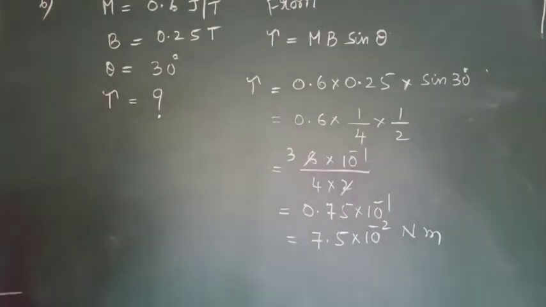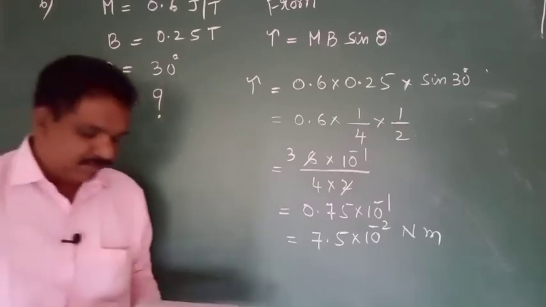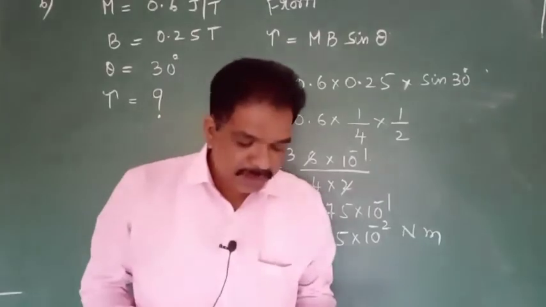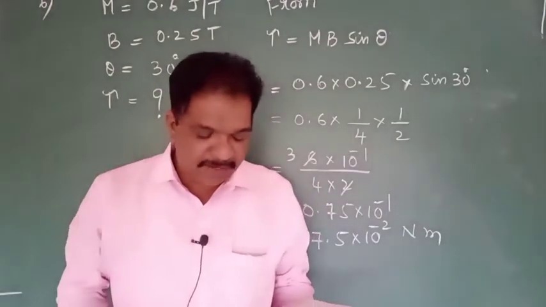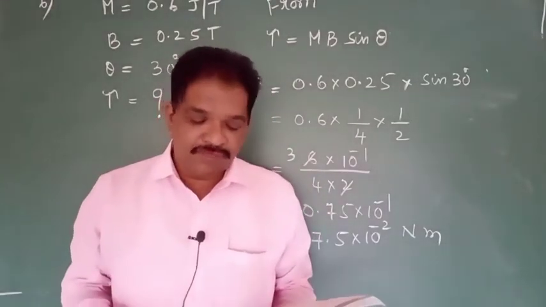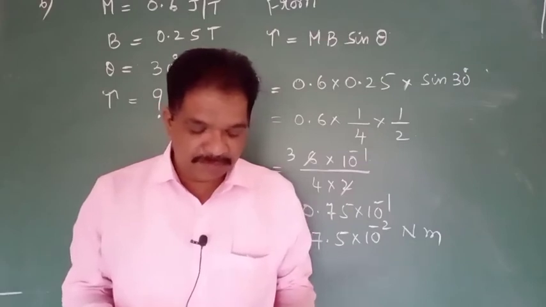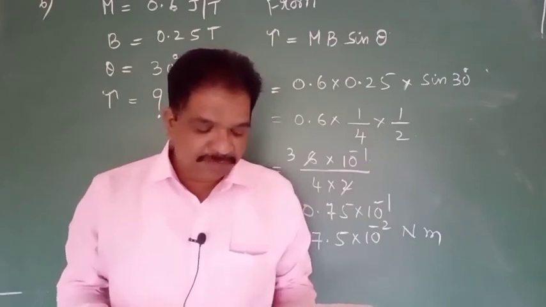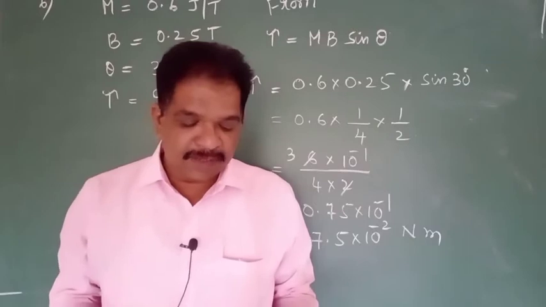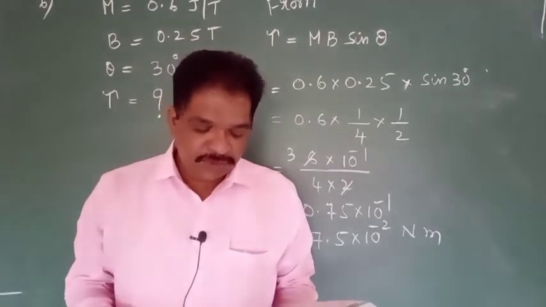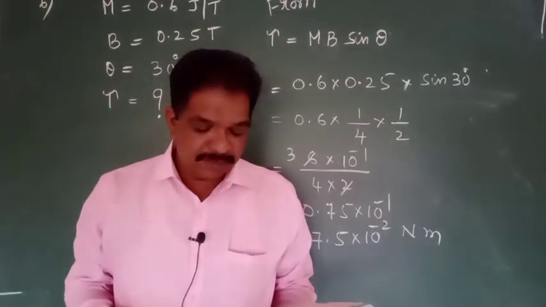Next, after finishing that sixth problem, see the seventh problem. What they are asking: a bar magnet of magnetic moment 1.5 joule per Tesla lies aligned with the direction of a uniform magnetic field of 0.22 Tesla.